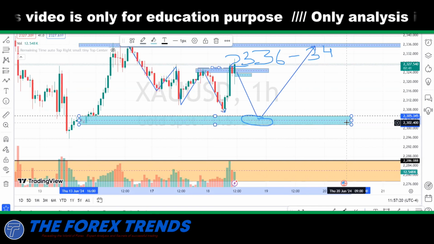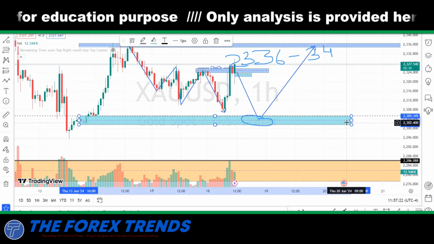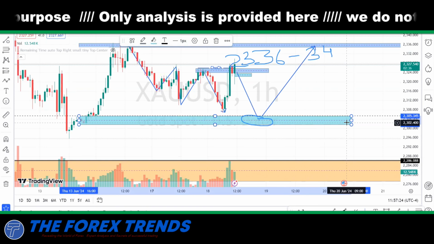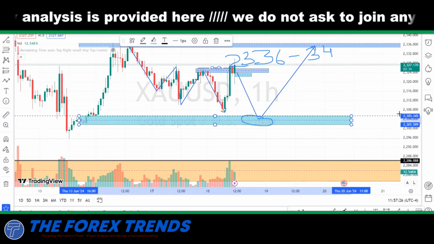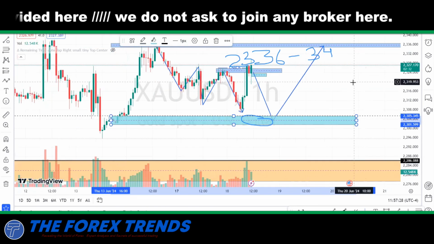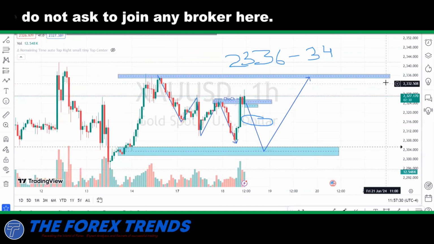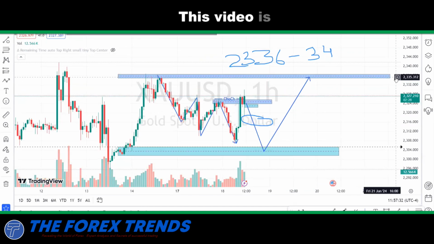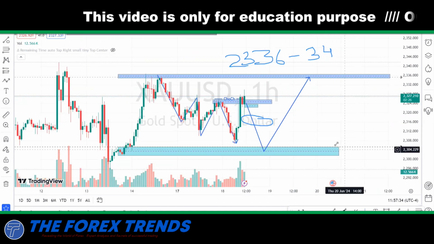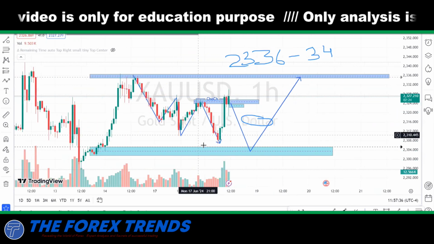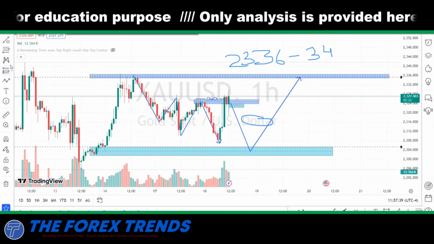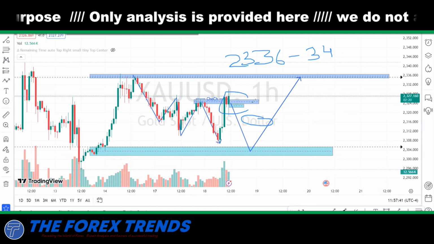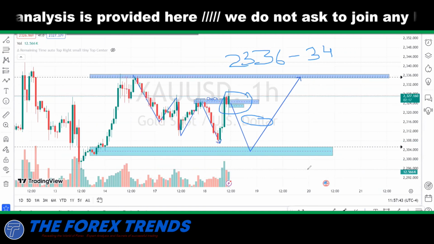Mark these zones in your chart and set an alarm, as I already set an alarm at this position for buy. Let me set an alarm at this position for sell. I will watch carefully what the market does in this zone.